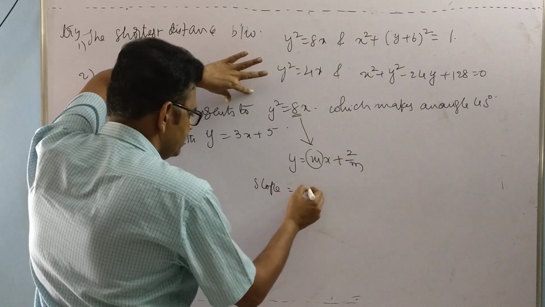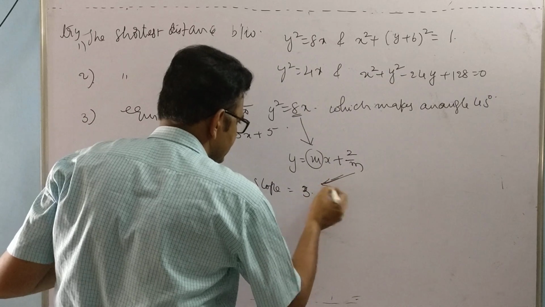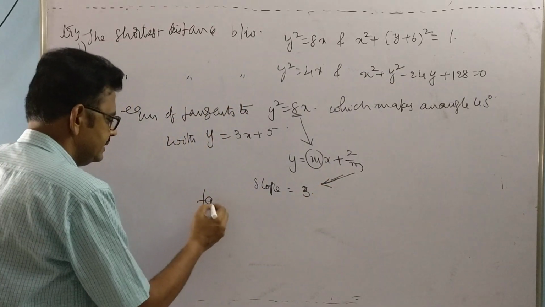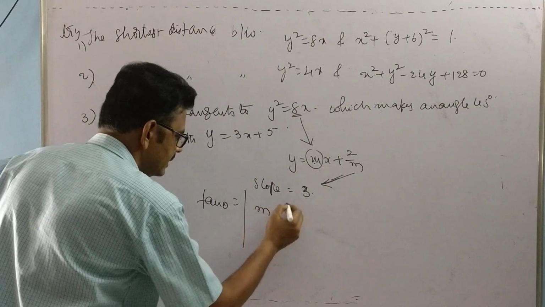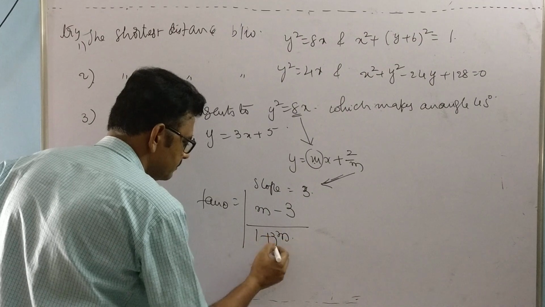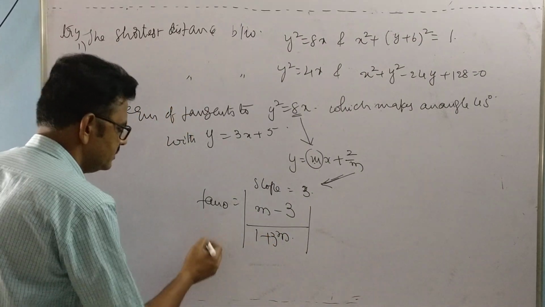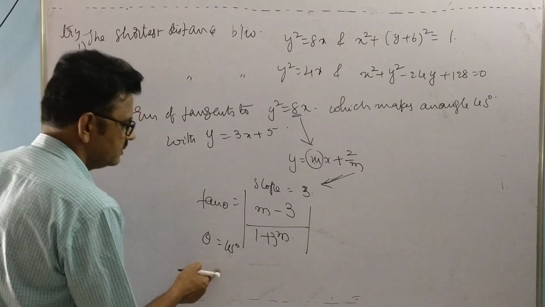Slope is equal to 3. Now what is the angle between these two? 45 degrees. So tan theta equals mod of (m1 minus m2) by (1 plus m1 m2), that is (m minus 3) by (1 plus 3m). Theta is given as 45 degrees. Tan 45 value is 1.